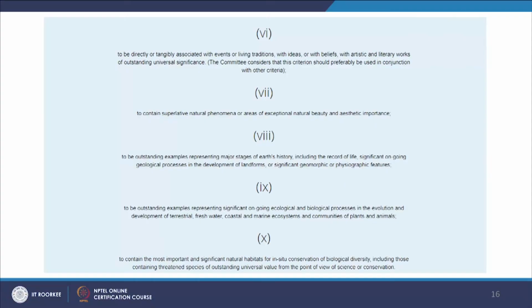To contain the most important and significant natural habitats for in situ conservation of biological diversity, including those containing threatened species of outstanding universal value from the point of view of science or conservation. So these are a very broad list of 10 criteria, out of which, as we mentioned, a site should follow at least 1 out of 10 selection criteria.